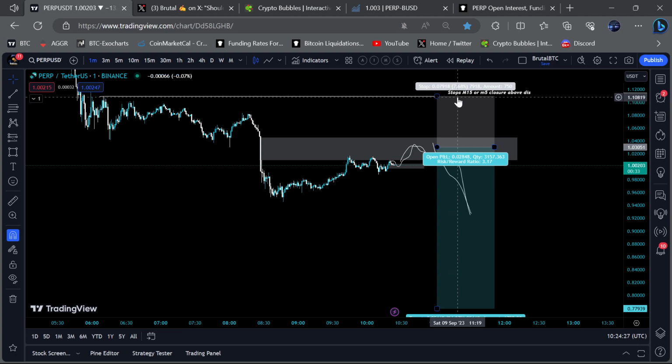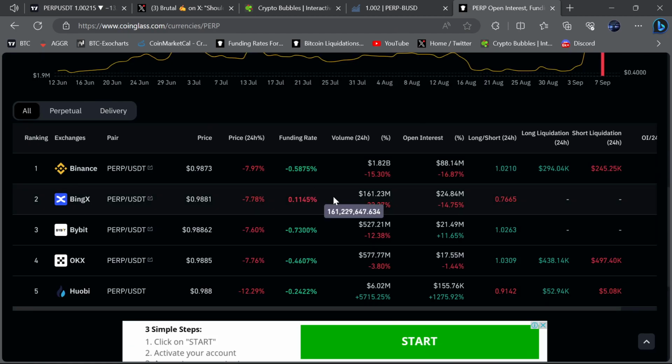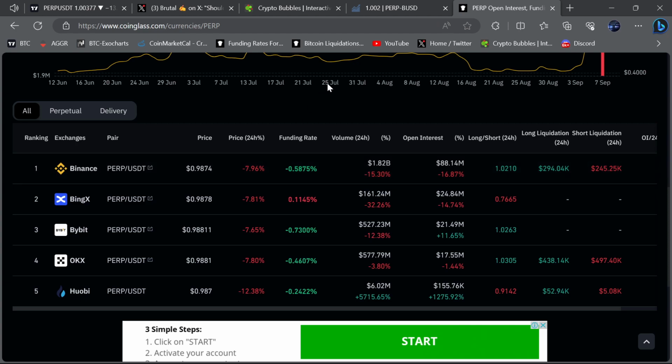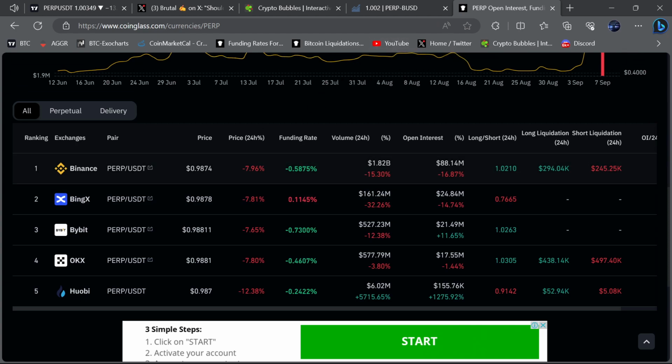I will suggest 15-minute closure because this is a very volatile coin and it's pretty risky. So until and unless the funding is below 0.1, it's kind of safe to short after a week, right? Whenever the funding is above 1.52, then I expect the coin to move 20-30% in a single candle, and that might just liquidate all the shorts.